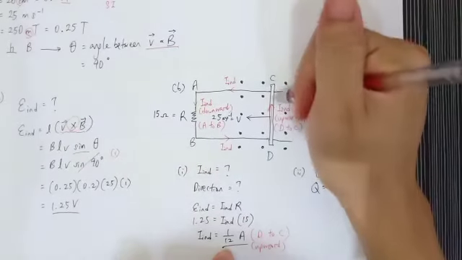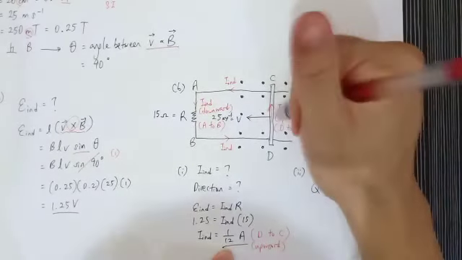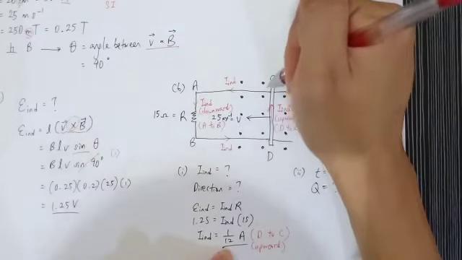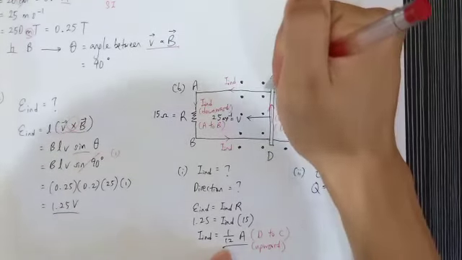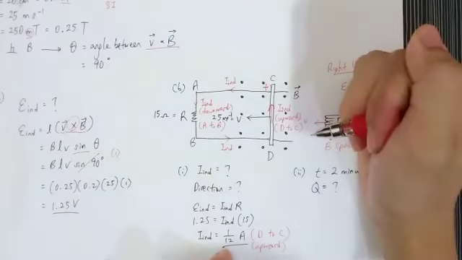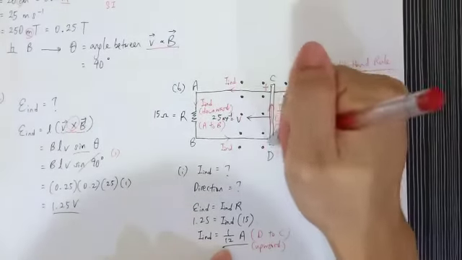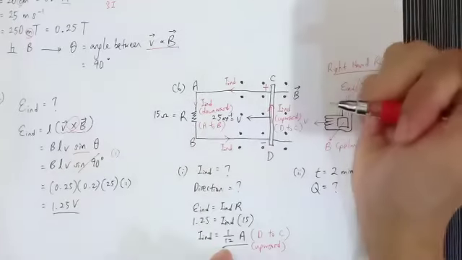It's just like this conductor has now become like a temporary battery. The current comes out from C, so C becomes like a positive terminal, and current entering D makes it the negative terminal.